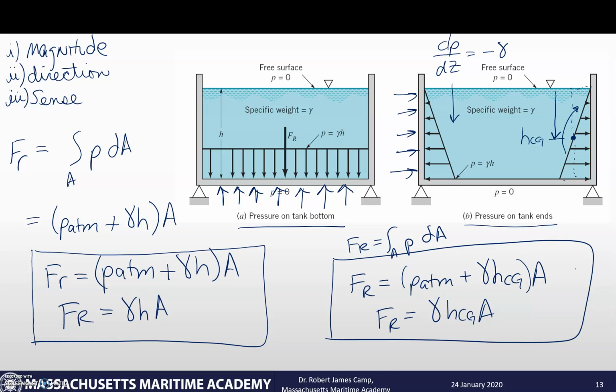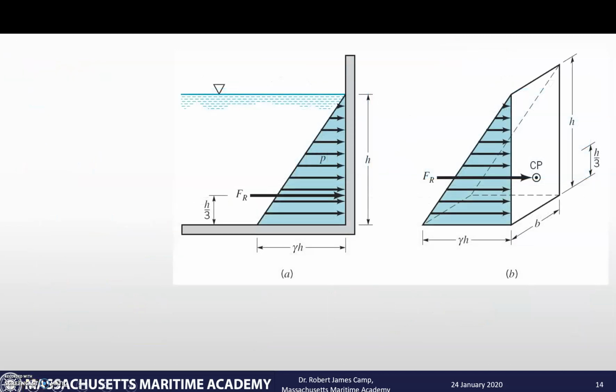Now where do we apply that force? Let's move on to the next one here. Once again, I've got a triangular load. What did we do in mechanics? When we had a triangular load, we needed to put our resultant force at the location of the centroid of the area of the triangle. For us, this case is pretty easy.